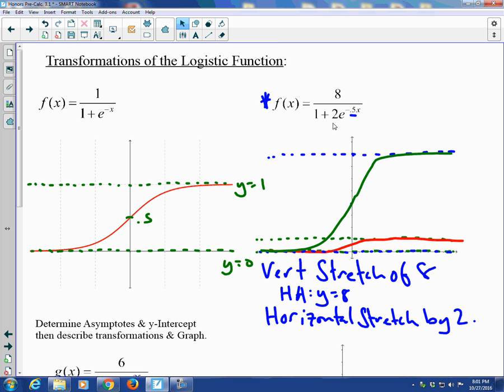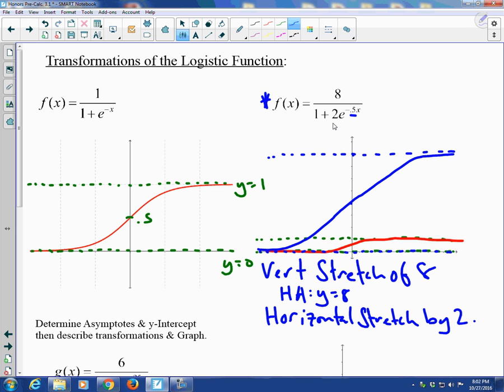Right? So right here we can graph that. We're going to see a little bit of a horizontal stretch here. Looks something like that for our logistics function with the transformation. Get rid of the old logistics function. It's just the vertical stretch of 8. And now we're looking at the graph looking something like this.